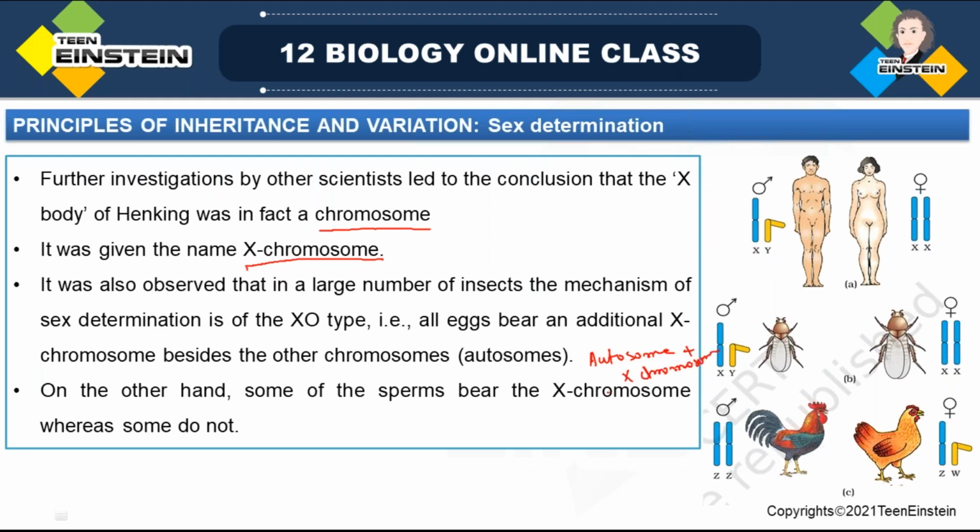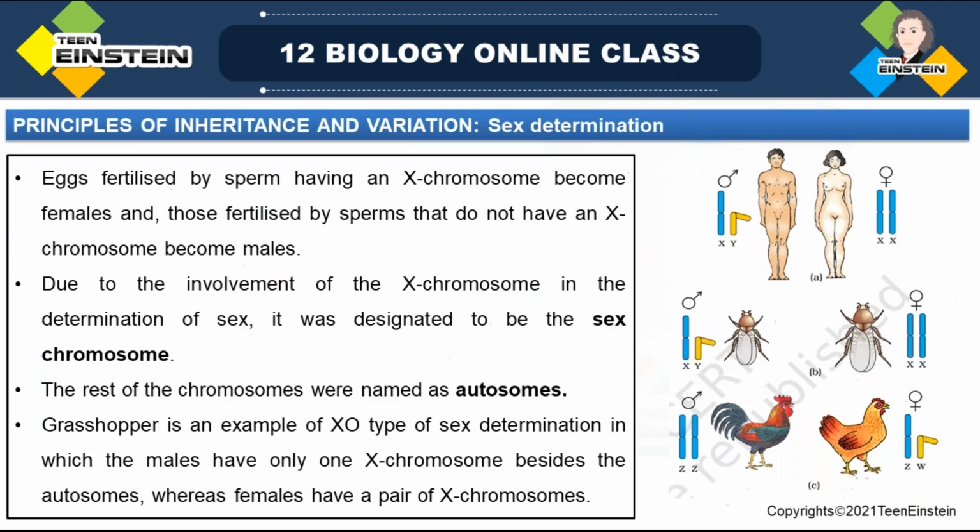Then, some of the sperms bear an X chromosome, whereas some do not. Then eggs fertilized by sperm having an X chromosome become female.